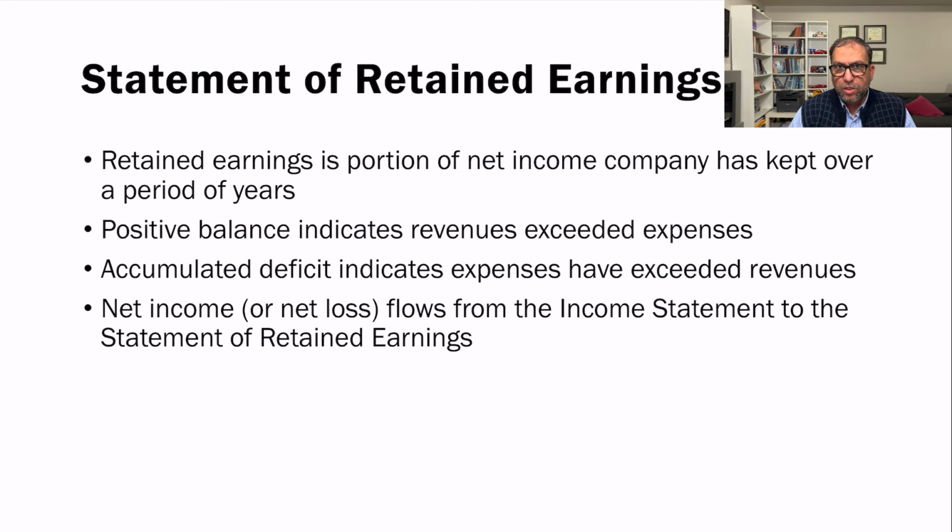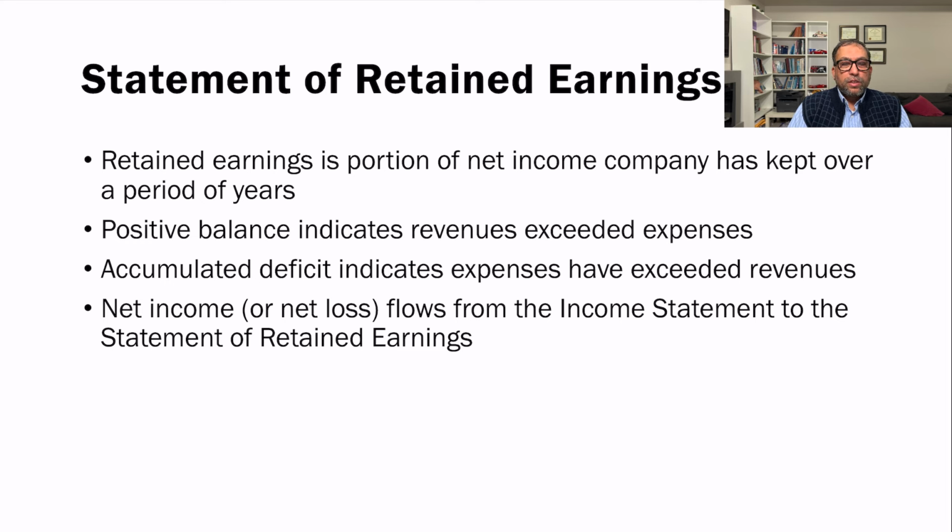This is a very standard format, and it should be in the mind of every accounting student: the shape or format of an income statement. So the top three lines are very important.